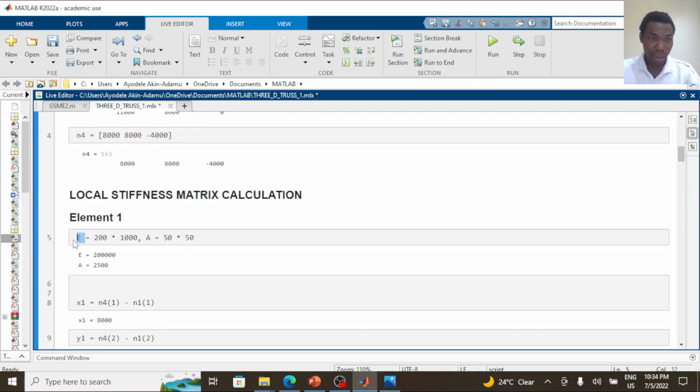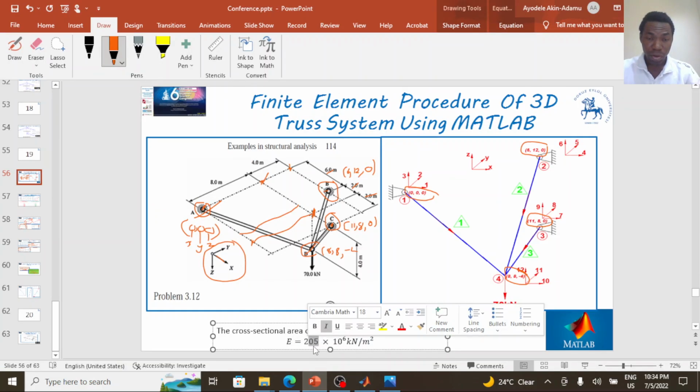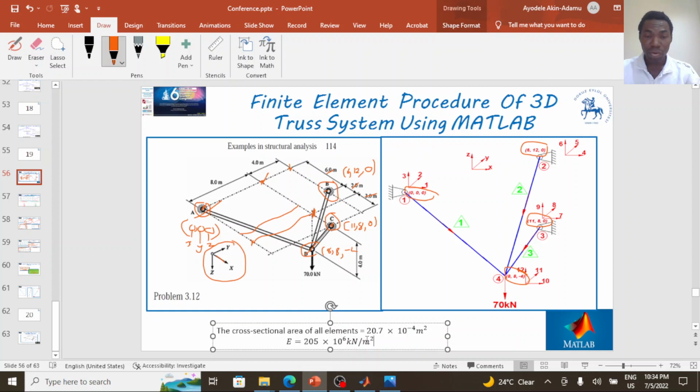We define our Young modulus E. In the question, the Young modulus is given as 205 times 10 to the power 6 kilonewton per meter square. We need to convert this unit to Newton per millimeter square, which will be 205 times 10 to the power 3.